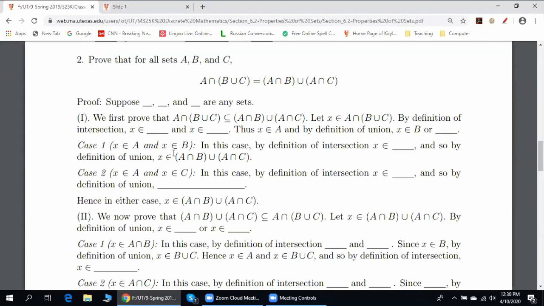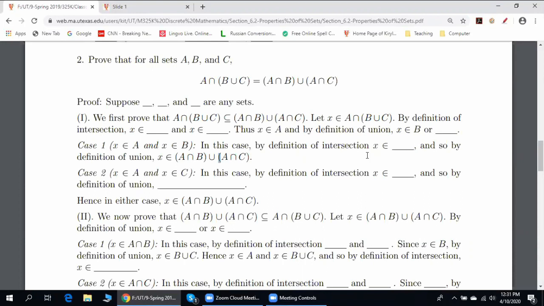Is that right? Yes. So in the definition of union, is that thing in parentheses the definition of intersection? This is intersection, just because it's written intersection. Oh, and X is in A and X is in B. Therefore, X is in A intersection B.